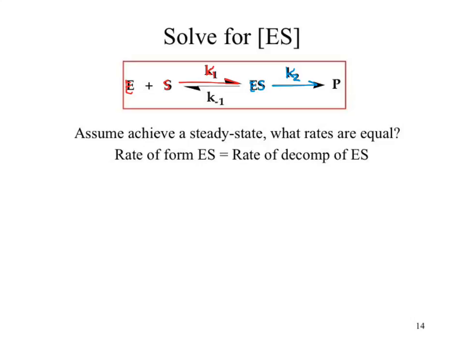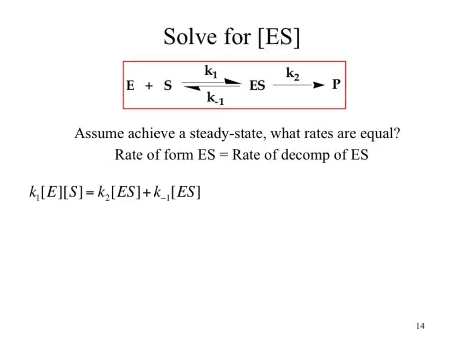But is that the only thing the enzyme substrate complex does? No. We also have the enzyme substrate decomposing into the enzyme plus the substrate. So when we're looking at the rate of decomposition of the enzyme substrate complex, it's not just our rate for K2, it's also going to involve the reverse reaction.